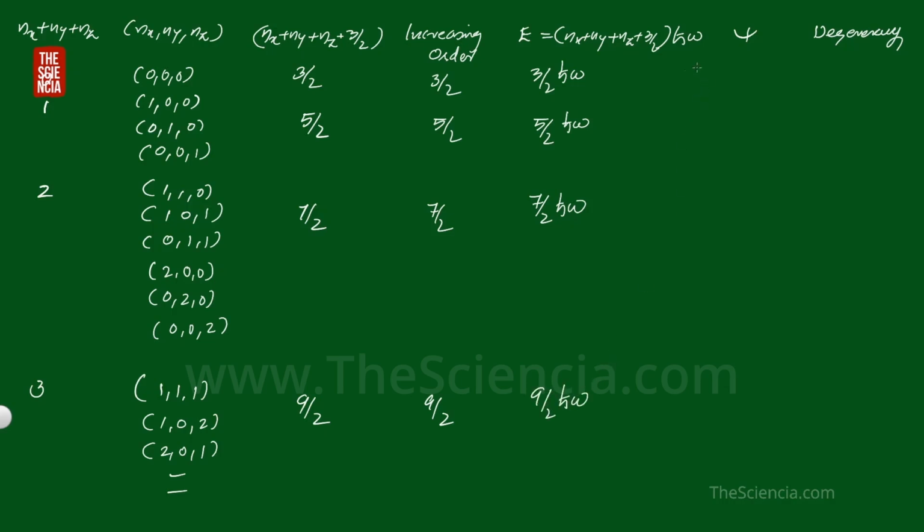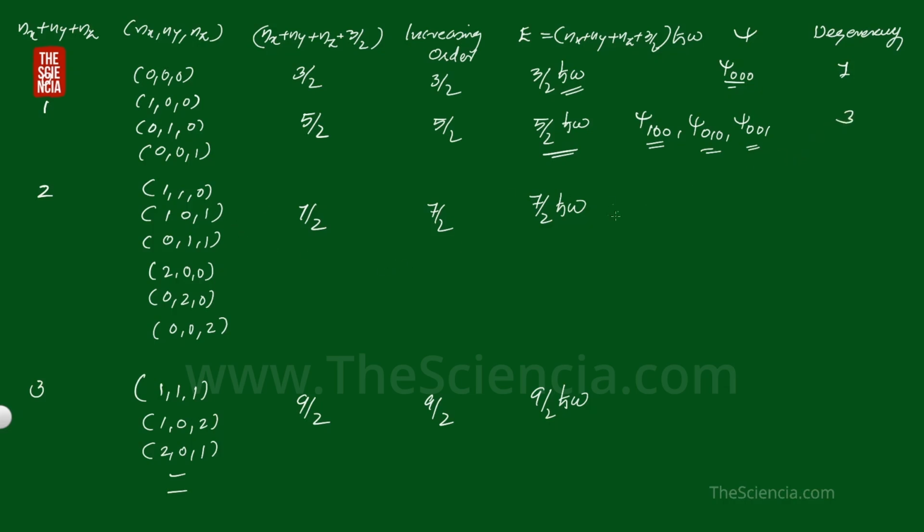And the corresponding wave functions are, here it is psi 0, 0, 0 and for 1 the corresponding wave functions are psi 1, 0, 0, psi 0, 1, 0, psi 0, 0, 1. So only one state has this energy, therefore its degeneracy is 1. And here 3 states have same energy 5 by 2 h cross omega, therefore degeneracy is 3.